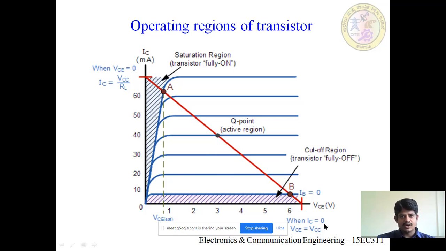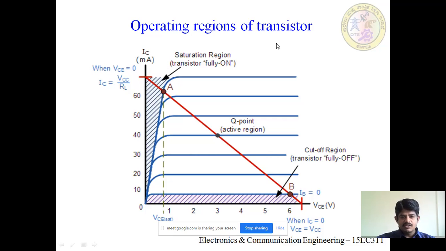IC, the collector current, will be zero. Then only the voltage will be flowing at the output. Then VCE, the collector emitter voltage, will be equal to your supply voltage. So this point is called the cutoff region. This hashed line is the cutoff region. The transistor will be fully off. So these are the two regions we can use to operate the transistor as a switch.